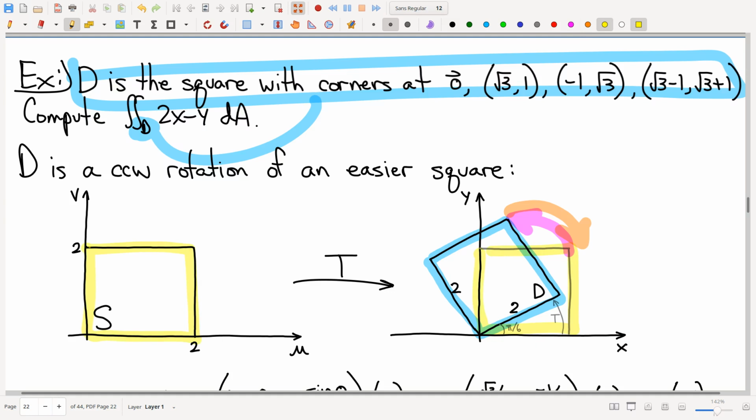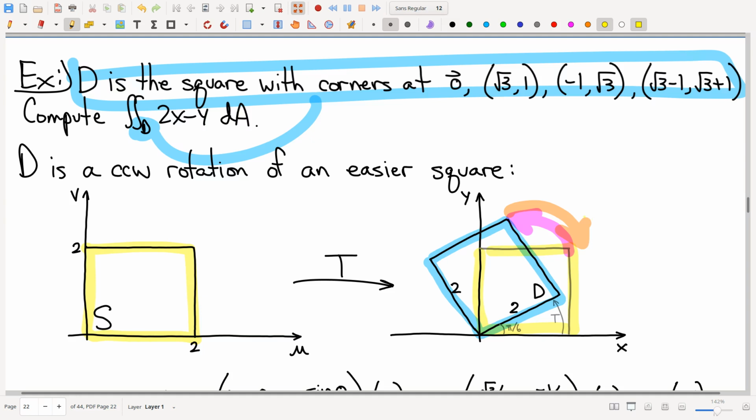So rotating the pullback yellow square counterclockwise, when I pull back, I will effectively be taking my already rotated blue square and unrotating it back clockwise to get the yellow square. Everybody see what I mean there? Okay. So if you want to rotate your thing clockwise, then your change of variables function needs to be a counterclockwise rotation. Okay. All right.